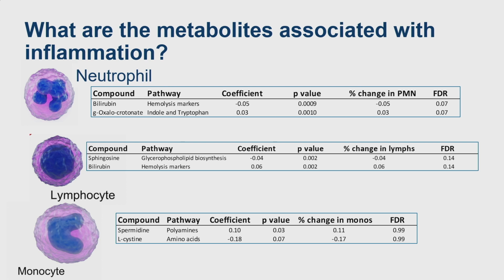When you use the neutrophils as the predictor and the metabolites as the outcome, there is a suggestion of a relationship between bilirubin and a tryptophan metabolite. For every 1% increase in your neutrophil percentage in the blood, you get a 5% reduction in your circulating bilirubin. So there may be subsets of inflammation that you can track using the metabolomic platform.